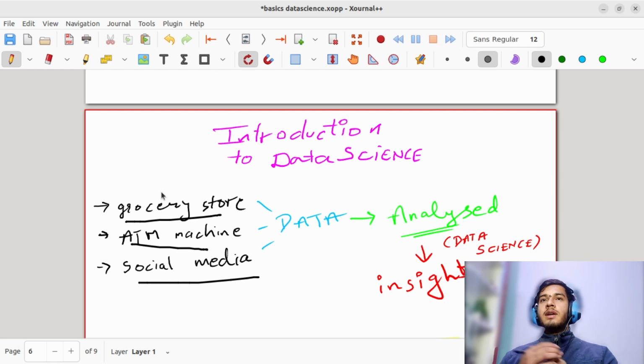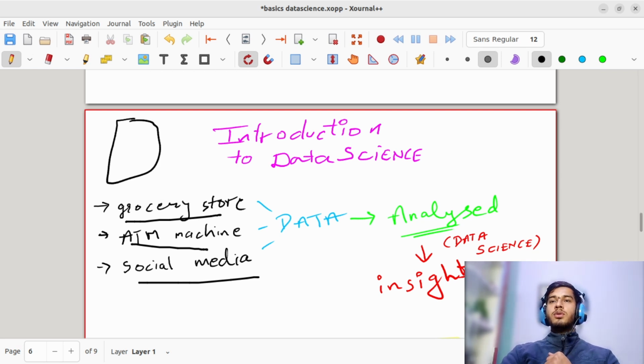If I'm scrolling through Instagram and I stop at a particular video, that is a data point. For every video I spent not more than 1 second, but for this video I spent 5 seconds. So this is a data gain.